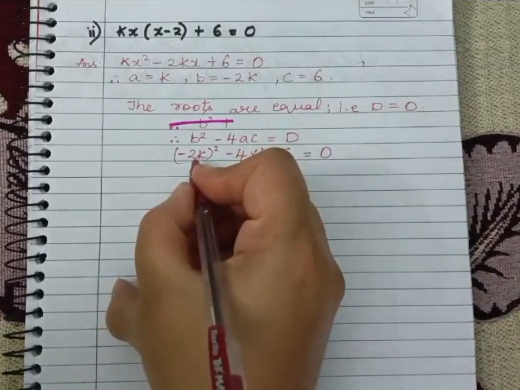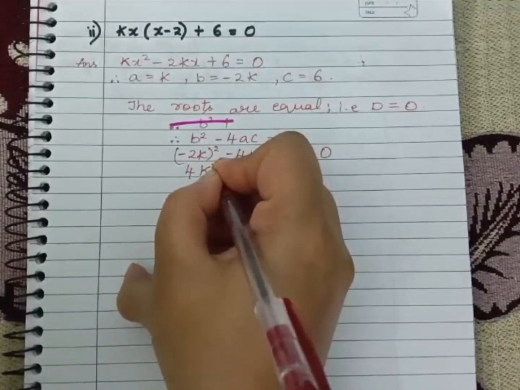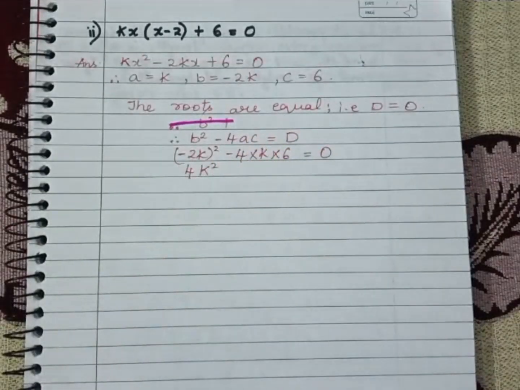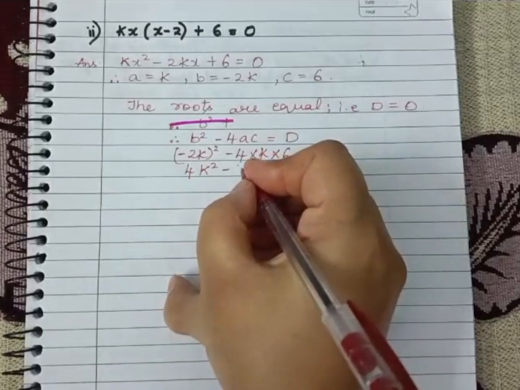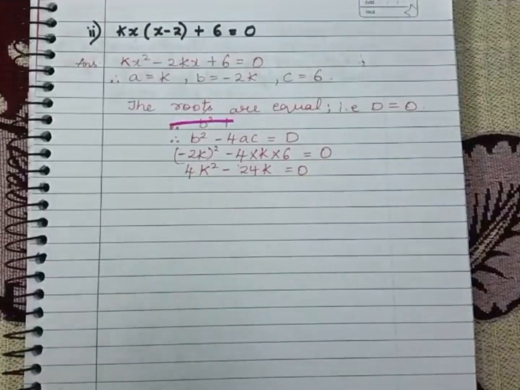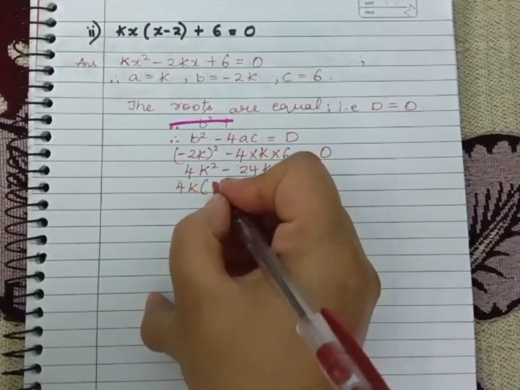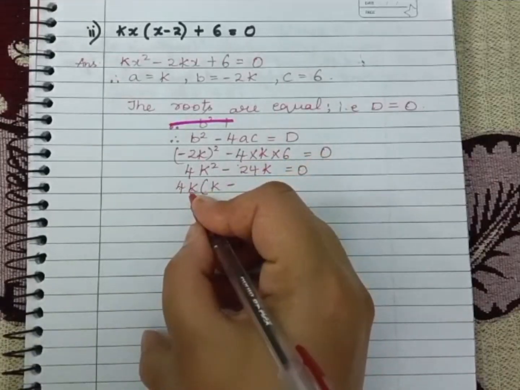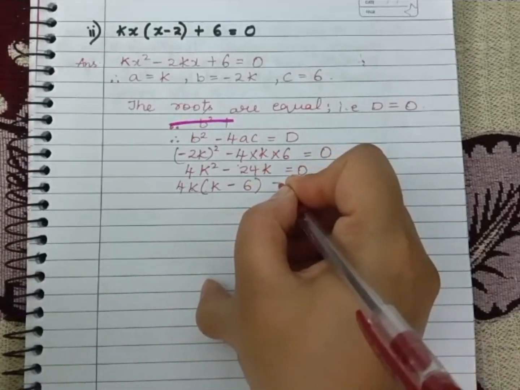Now here 2 2s are 4, 4k square, minus into minus is plus. And minus 4 6s is 24k equal to 0. Now how we're going to do is 4k into k is 4k square minus 4k into 6 is 24k equal to 0.